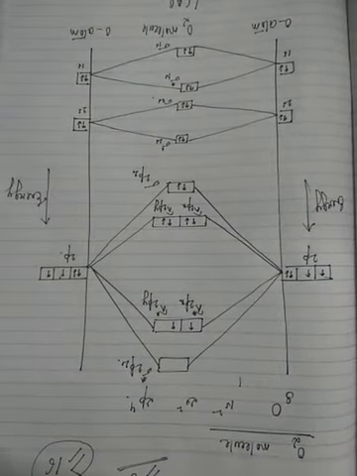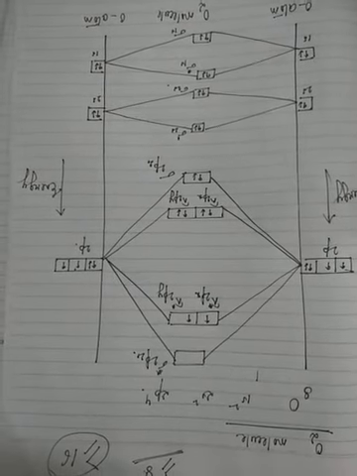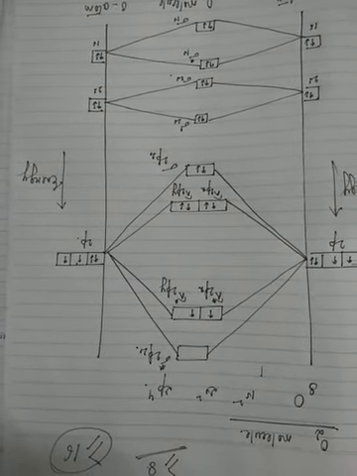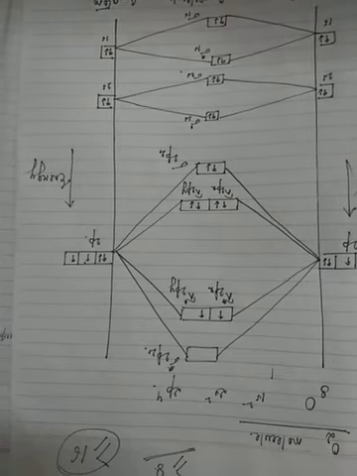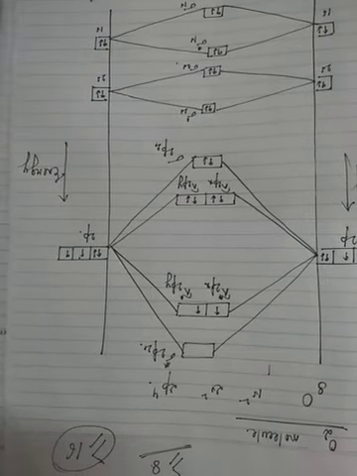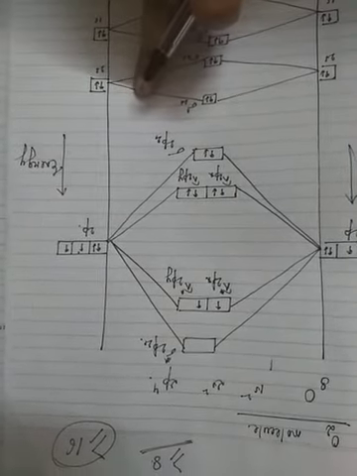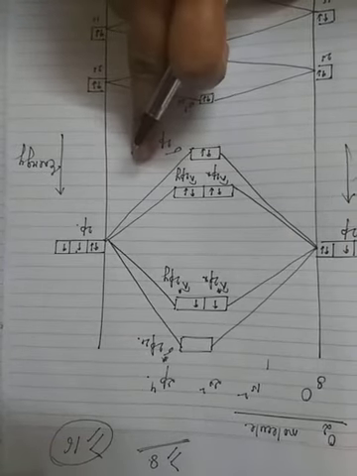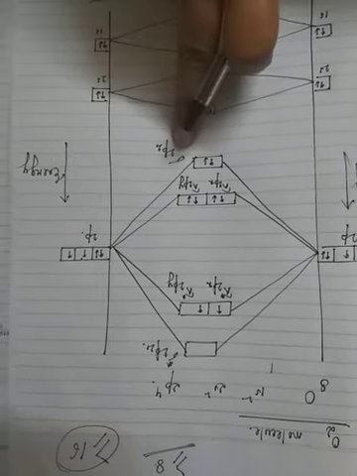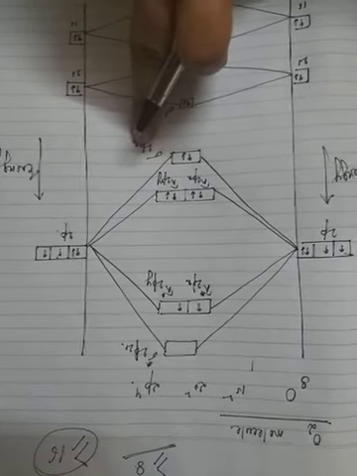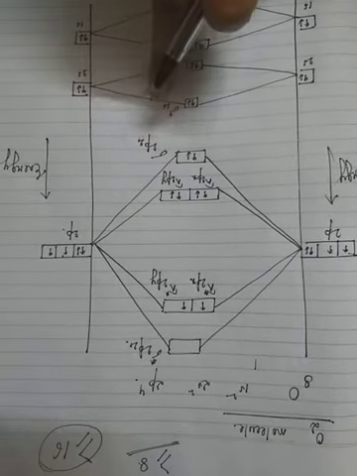Now here is the reason. In the case of boron, carbon and nitrogen, we have seen that sigma 2s and sigma 2pz, because they lie along the internuclear axis, have the same symmetry.